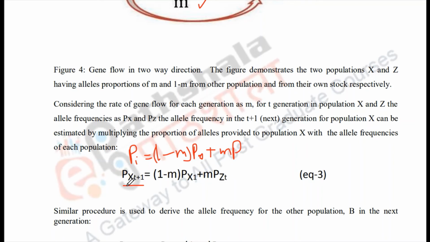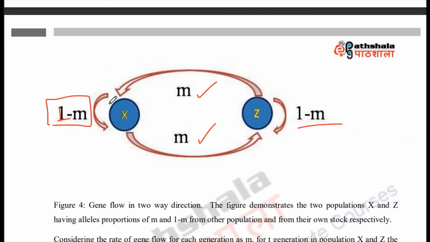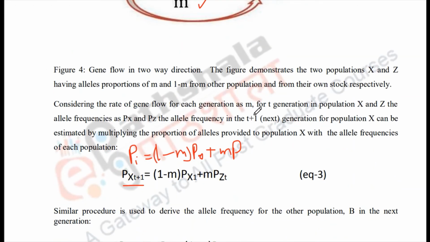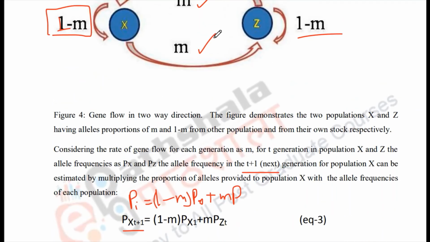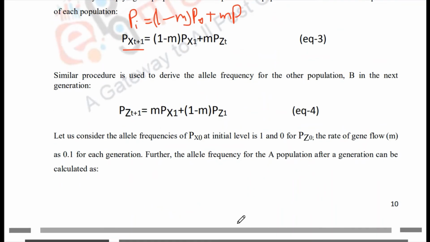So similarly, when we're talking with respect to X, how is the allele frequency of X going to be affected in the next generation, so t plus 1 being the next generation of X, is equal to 1 minus m times p of X of the previous generation plus m times p of Z, the allele frequency of population Z of the same previous generation. Okay, getting the point? So this is it.